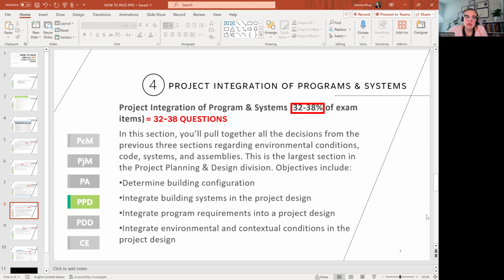So the third objective is you need to know how to integrate program requirements into a project design. So again, go back to the program, check if you have fulfilled all the owner's requirements. If you just forgot about something, this is the time when you fix it, because later in the CDs, the construction documents, which is the PDD phase, it'll be too late.